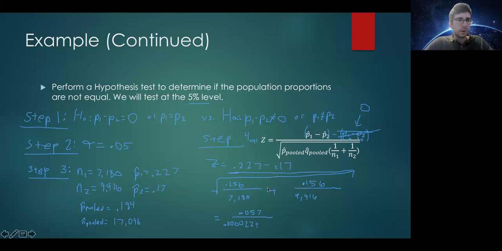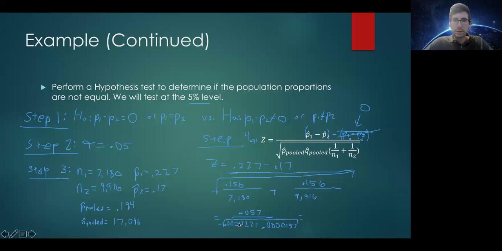And if we take 0.156 divided by 9,916, we're going to get another very small number, right? 0.0000, 1, 2, 3, 4 zeros, then 1, 5, 7 is what I get.